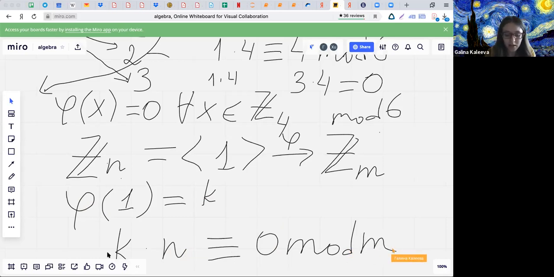If we construct such a homomorphism for which this condition holds, we don't have problems with the images. So here we have 0 multiplying 1 by n, and here we have 0 multiplying the image of 1 by n. You see?